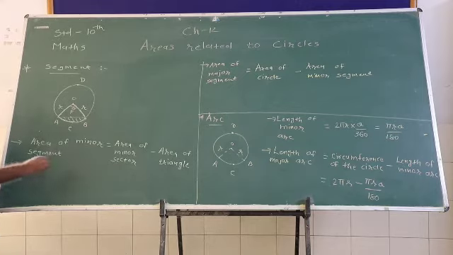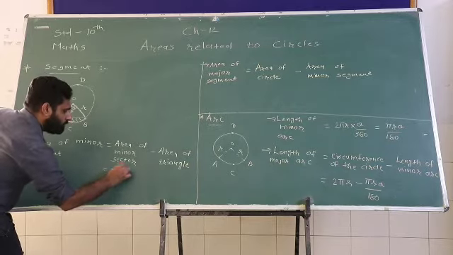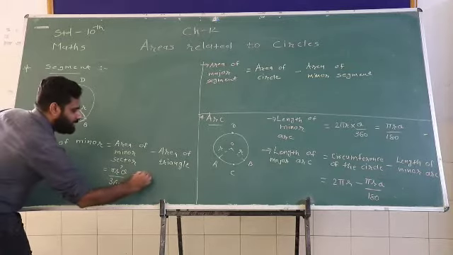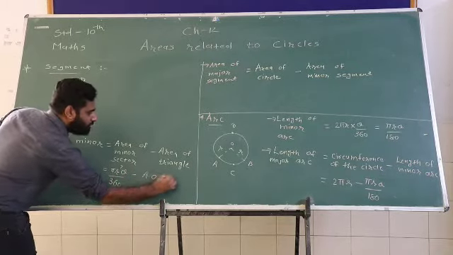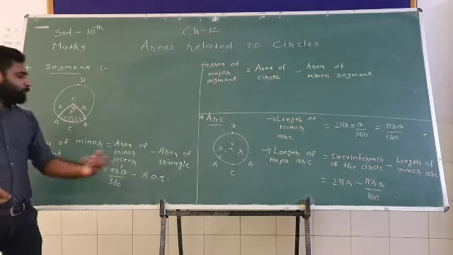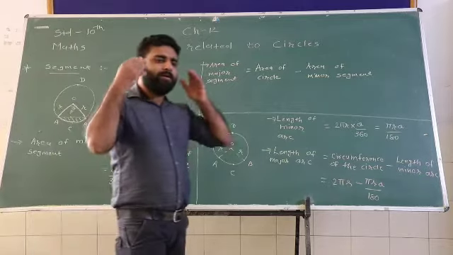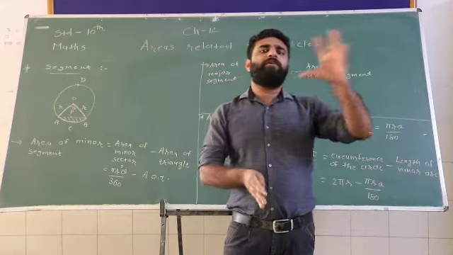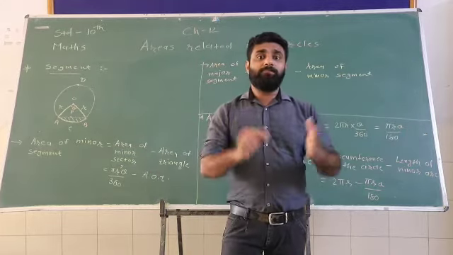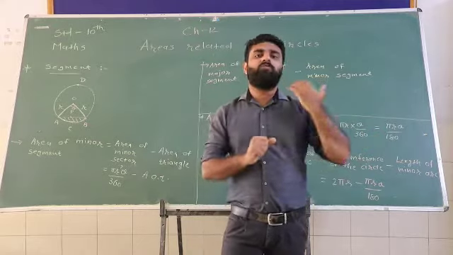You can write that the area of the minor segment, as you know, is pi r square theta by 360 minus area of triangle. I am not giving any single formula for the area of the triangle. You can find the area of the triangle by different formulas. If it is a simple triangle with base and height, you can use 1/2 base into height.